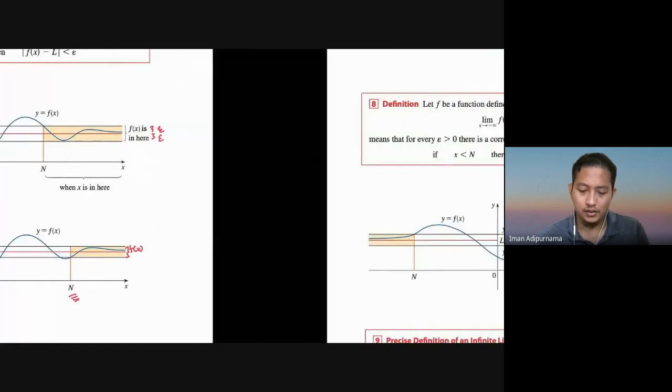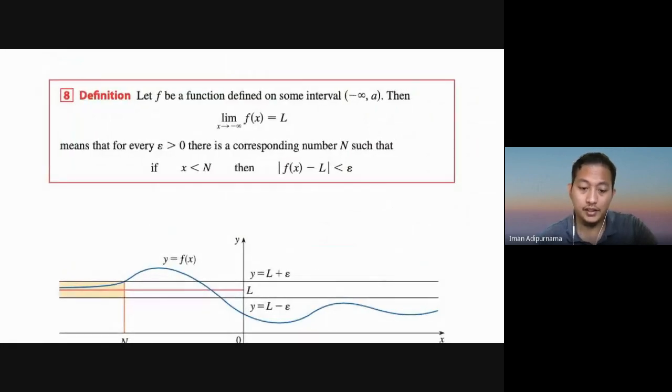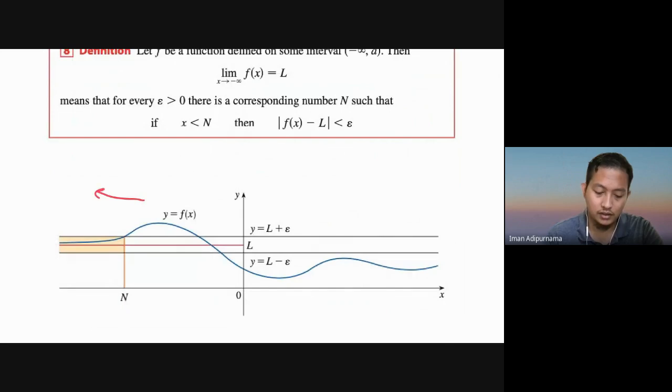Similarly, when you are going to the left side of the graph, going here, you also have the n, and since it's going to the left, x should be less than n. And it can be any number. Again, it can be any number.